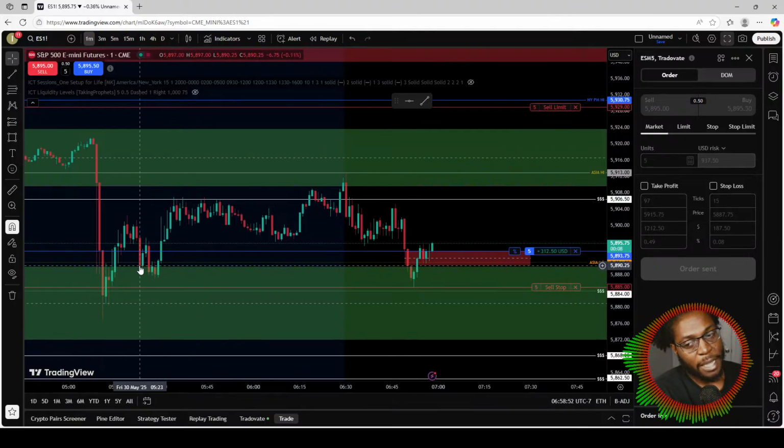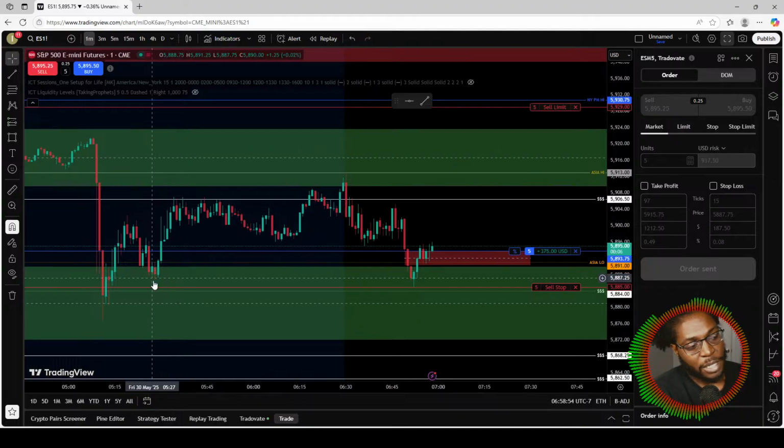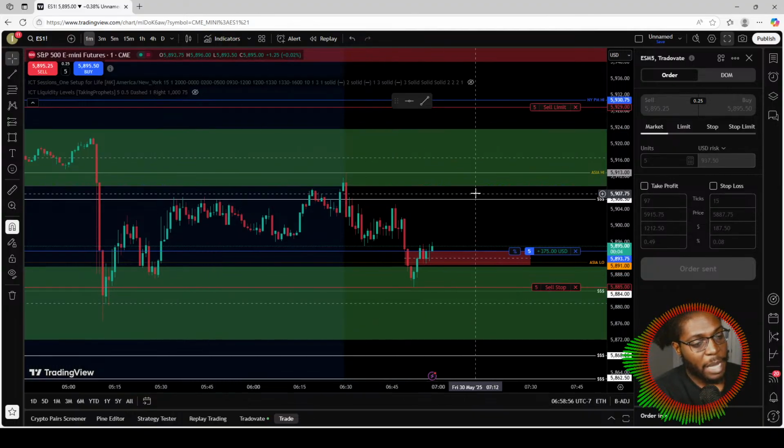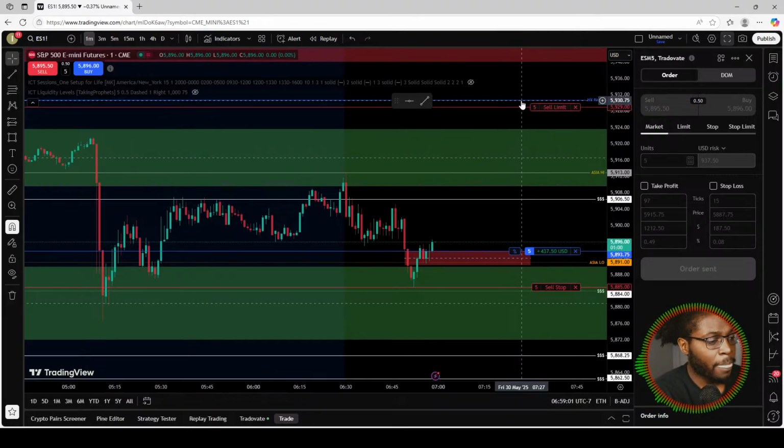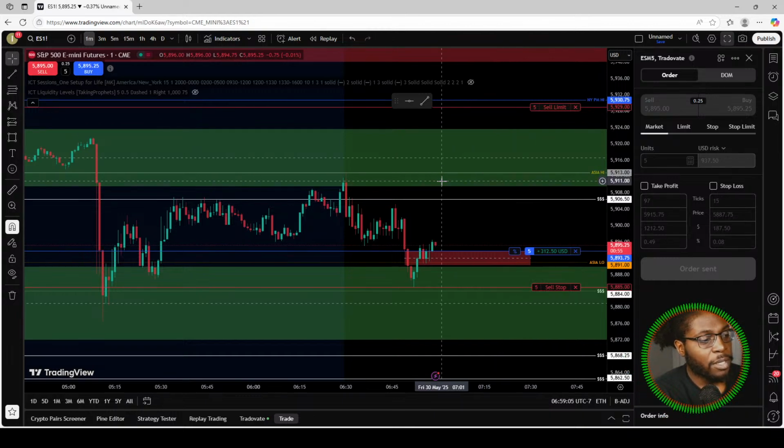So I'm thinking that we're just coming back in here to test it again, and then maybe we're shooting up to finally take out the New York PM high. But if we do fail to get anywhere close to there, what it likely is is a move to the opposite side.